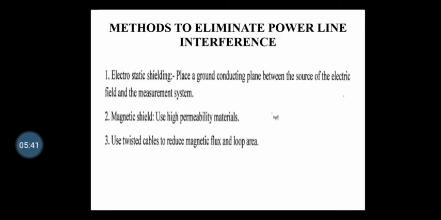Another one is to use twisted cable to reduce magnetic flux and loop area. That is, we use twisted cables to measure the activity of the patient, so we can avoid the unwanted electromagnetic interference. In that manner we are going to eliminate the power line interference.